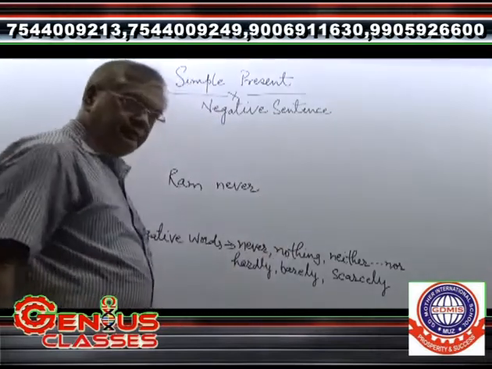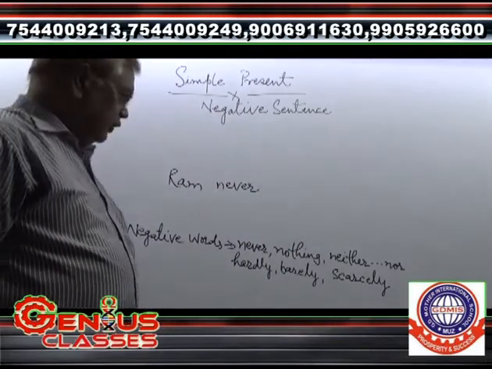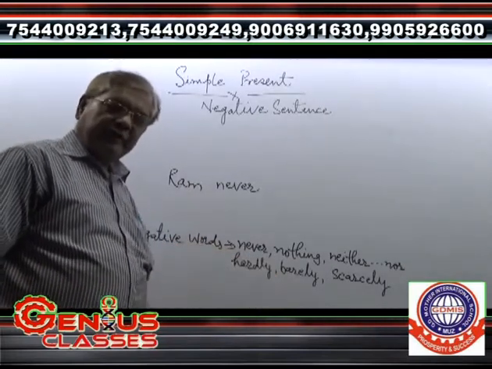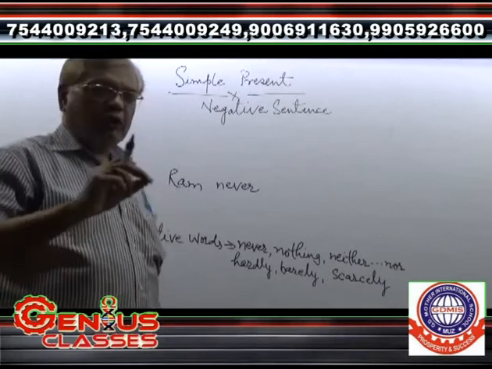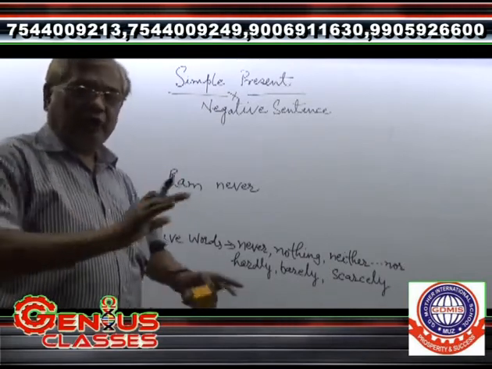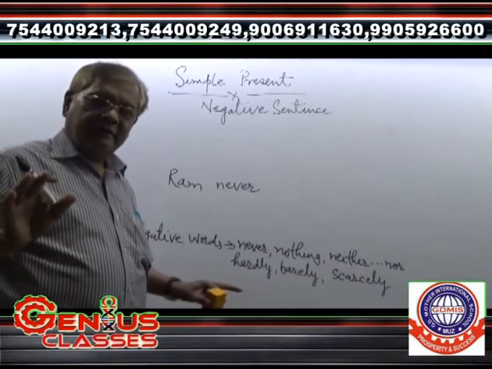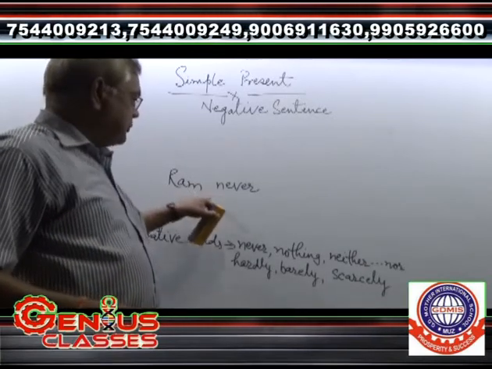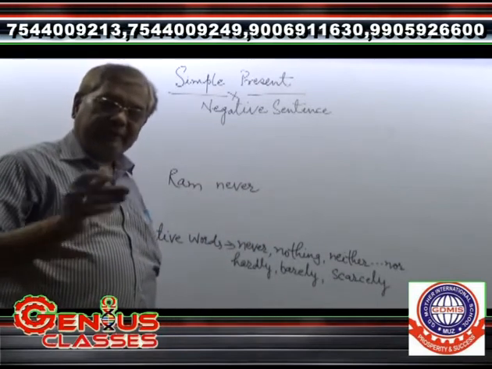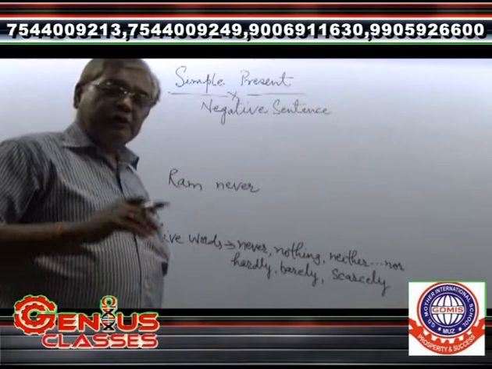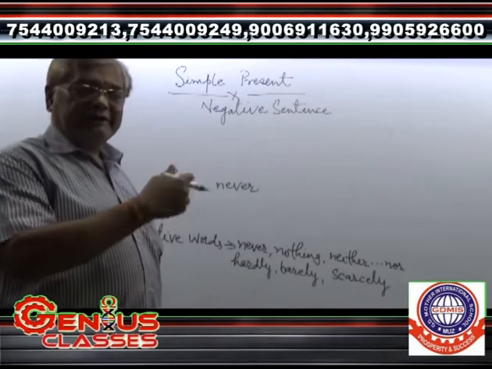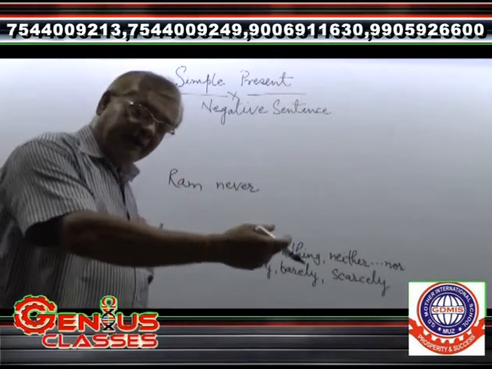So if you use these negative words, the helping verb do or does and the word not are not applied. Directly: Ram never. Since do or does is not applied, not is also not written. So directly we should go for the main verb.